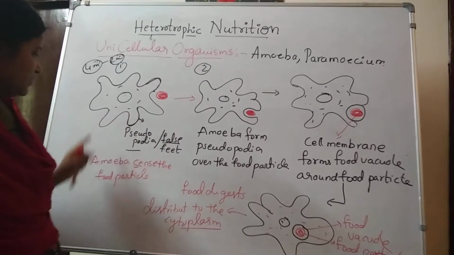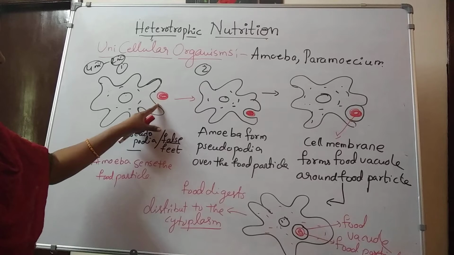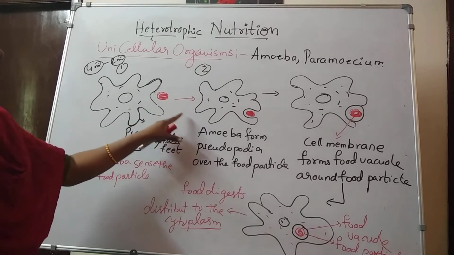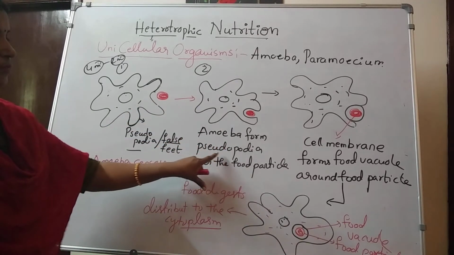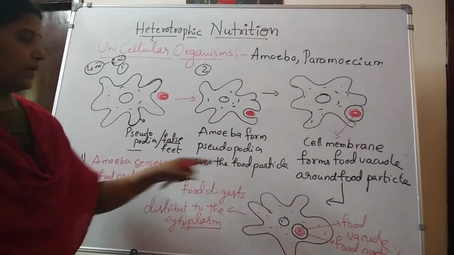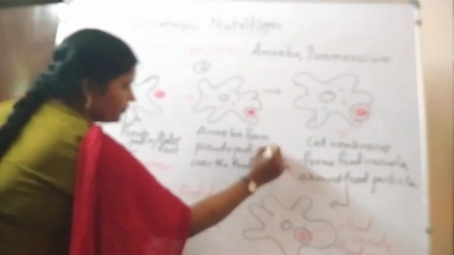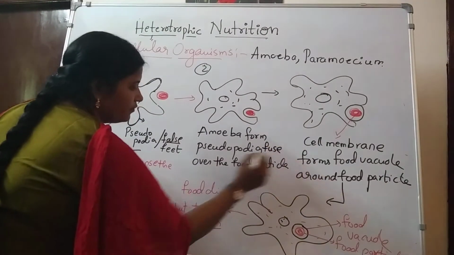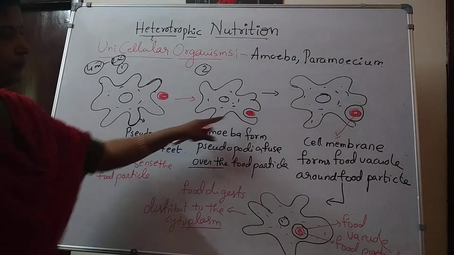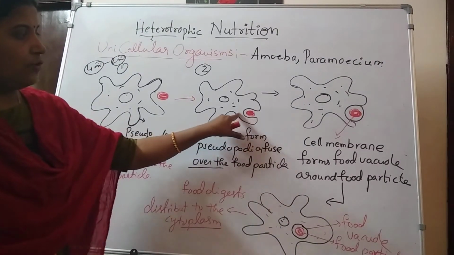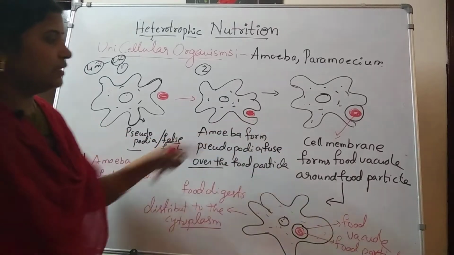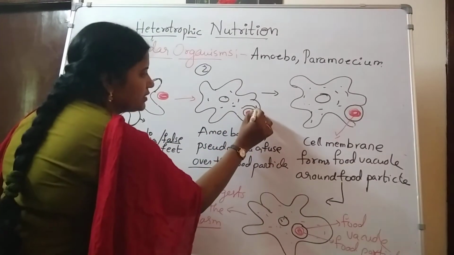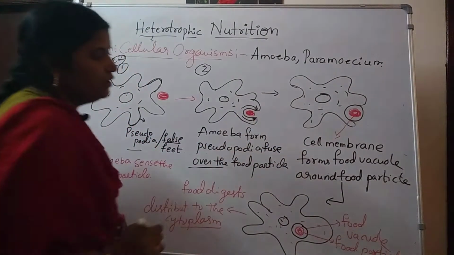When the amoeba senses the food particles near the body, it forms pseudopodia over the food particle, see here how it is fusing over the food particles. The direction of the pseudopodial structures will be like this, okay.